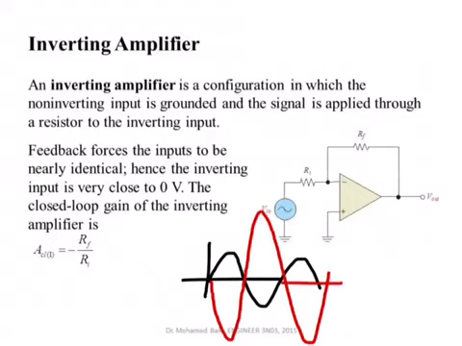And this amplification ratio is really determined by the ratio of Rf to Rin. And for this one, and I will show you in one of the examples later, because this is ground here, the input resistance is Rin. So the input resistance is not infinity as we would desire, but the output resistance of this one is 0.